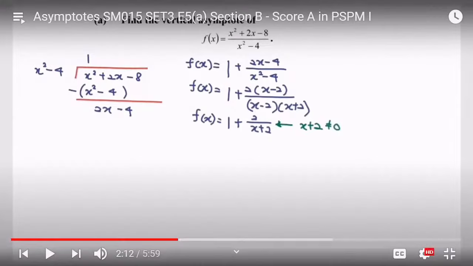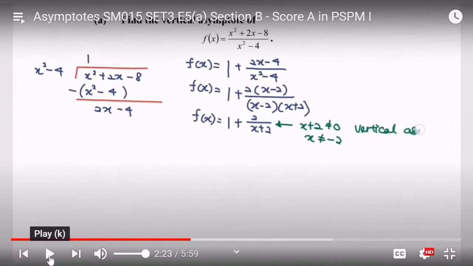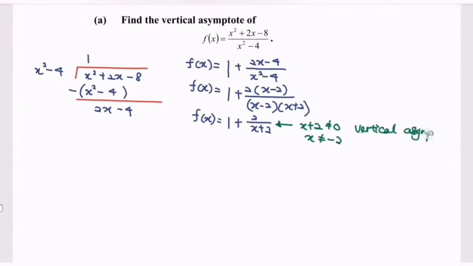Kalau kita substitute, dia akan undefined. So sebagai contoh, x plus 2 not equals to 0. So automatic, x cannot be equals to negative 2. Faham? So vertical asymptote saya adalah x equals to negative 2.